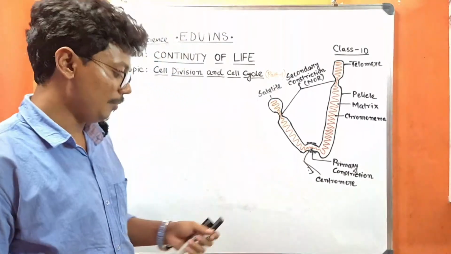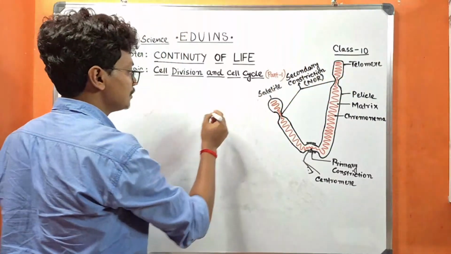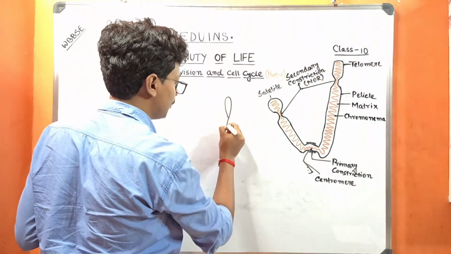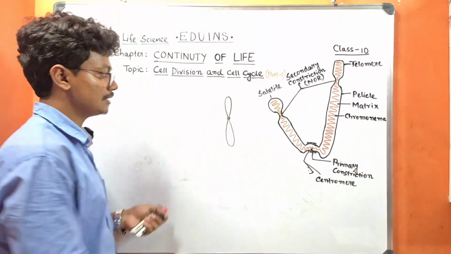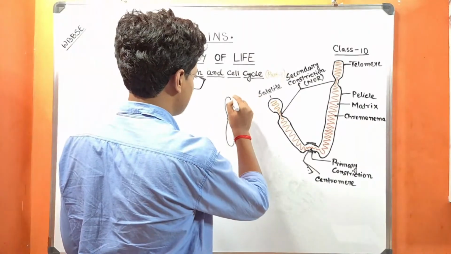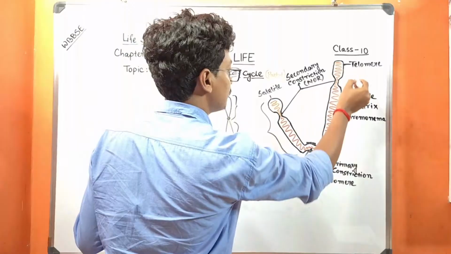This chromosome has two parts. If this is a giant or macro figure, in the micro figure the chromosome is like this.